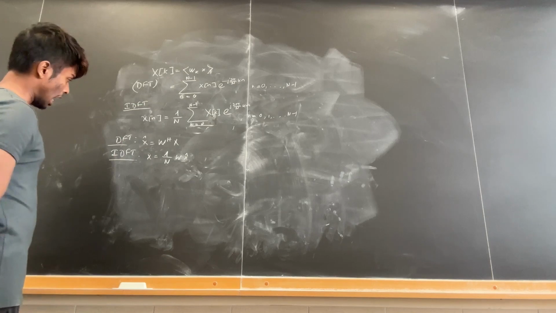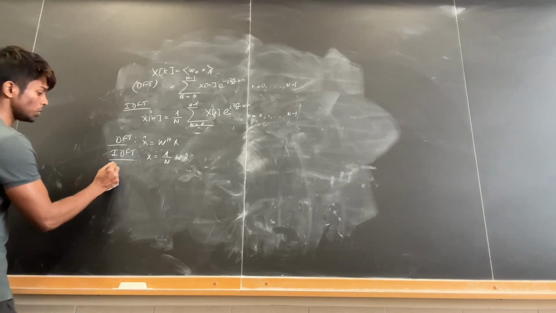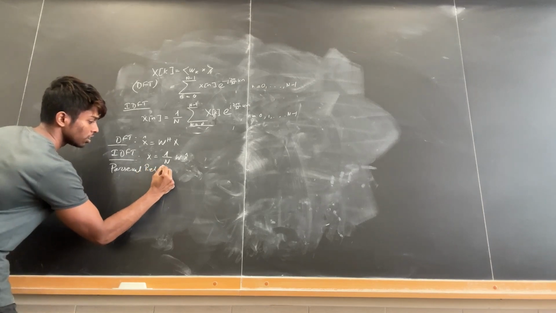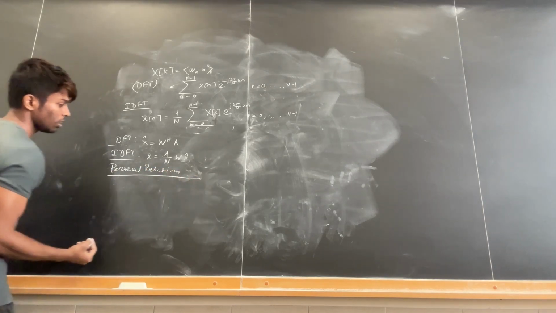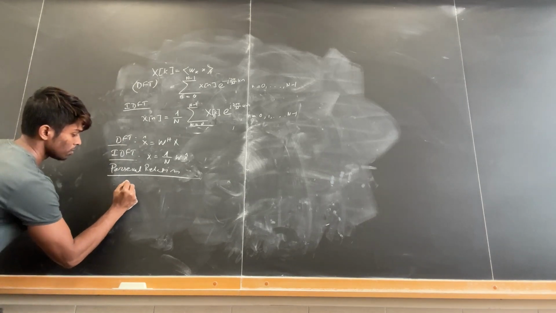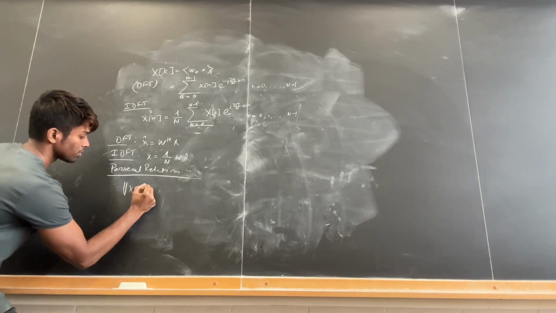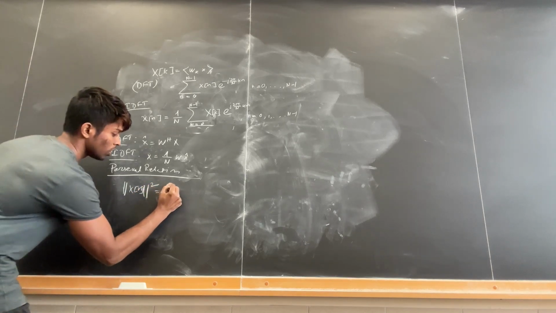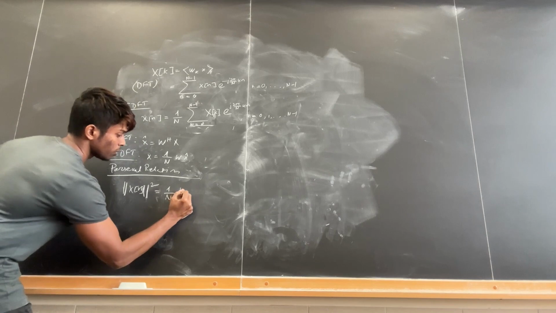In this case, how does Parseval's relation hold? The Parseval relation is like this. The energy for the time domain case, the square norm of xn, should be equal to 1 by n times the square norm of xk.